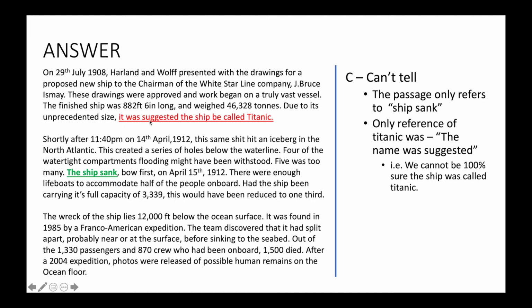So all it says is that it may have been called Titanic. There's no definitive proof the ship was called Titanic. And there's no other reference to the name of the ship, but it is shown that the ship did sink. So from this, you cannot tell whether the ship that sank was called Titanic. So that's why the answer is can't tell.